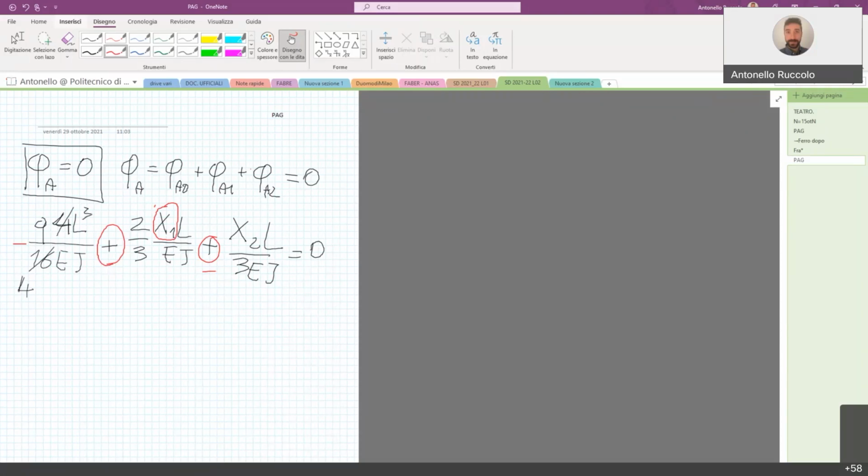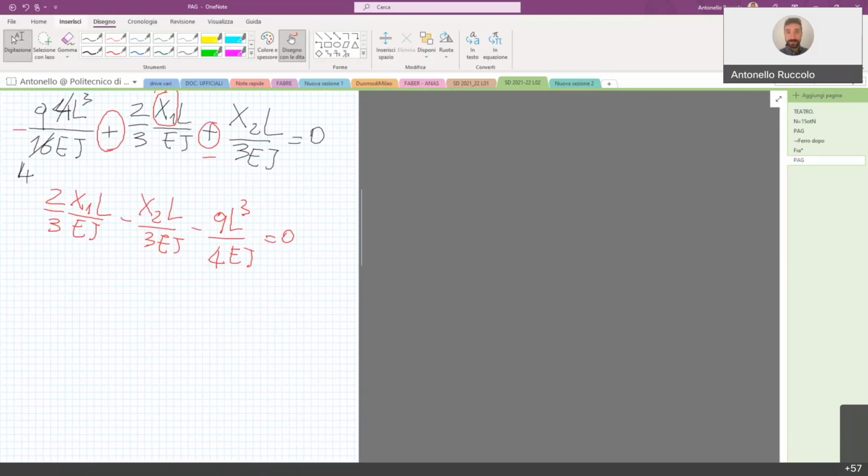So we can write it better: 2 over 3 x1 L over E iota minus x2 L over 3 E iota minus q L to the power of 3 over 4 E iota is equal to 0. This is the first compatibility equation.